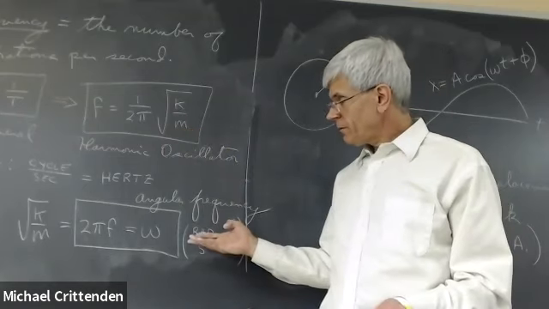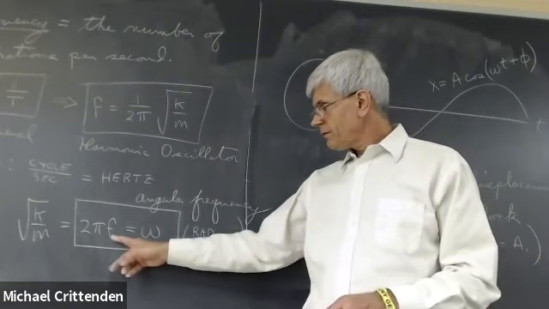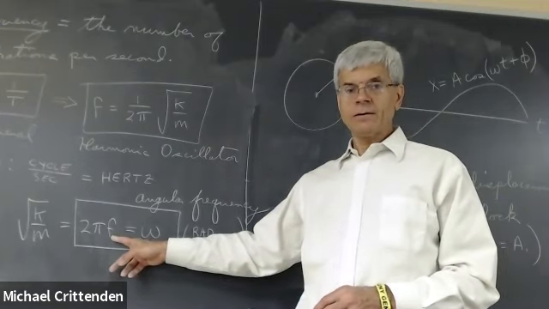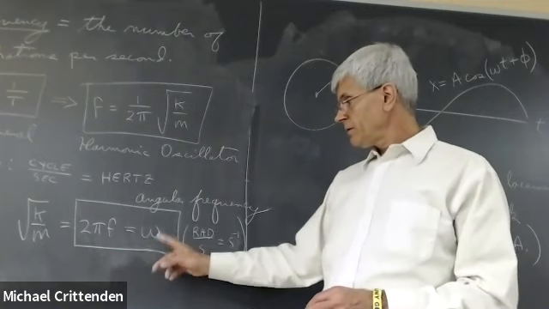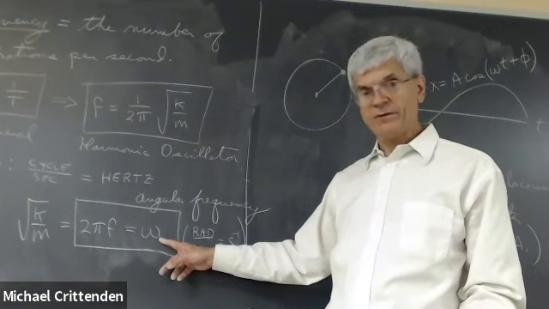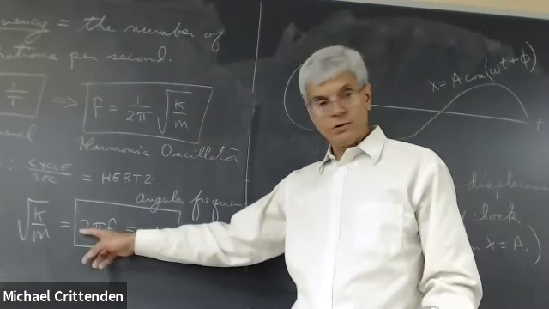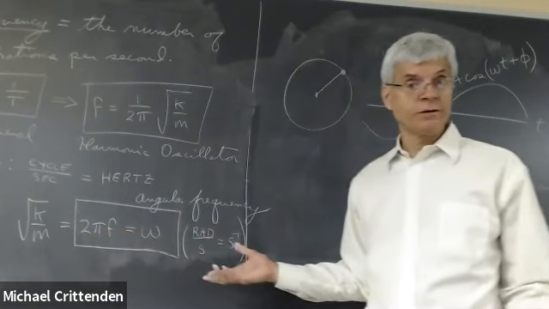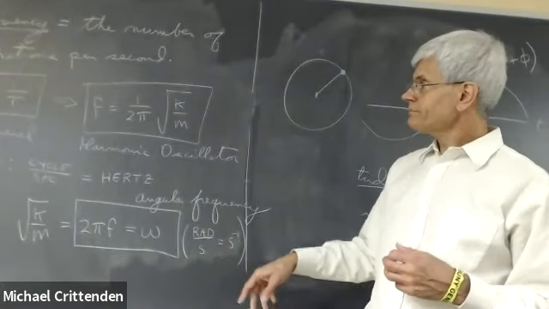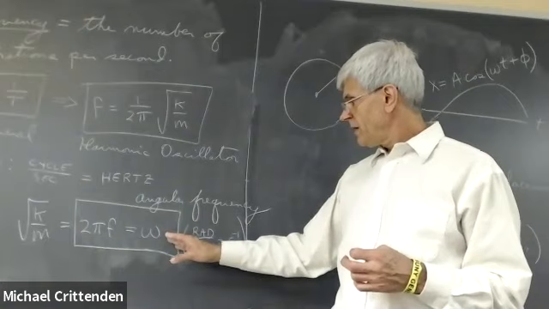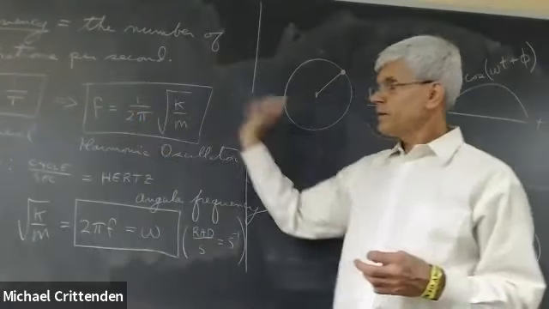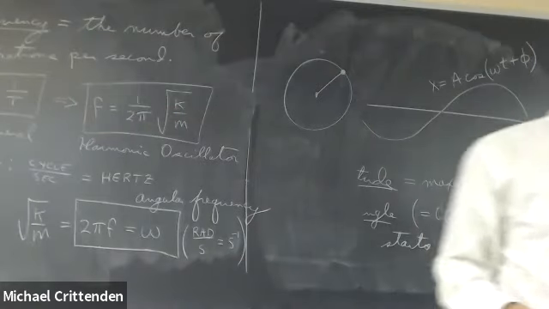But for some reason, with frequency, they use the letter f if it's measured in cycles per second, but they use the letter omega if it's measured in radians per second. 2 pi radians per revolution. So that's what's going on with this. So omega, frequency in radians per second, f, frequency in cycles per second.